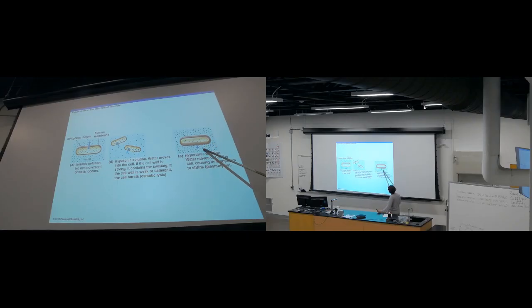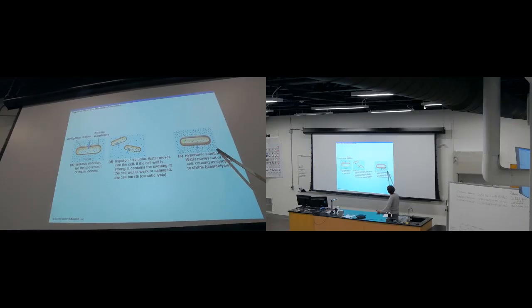In a hypertonic solution, when you have a high concentration of solutes with respect to the cytoplasm, then water will move from low solute concentration to high solute concentration, or from high water content to lower water content, to try to dilute this, and the cells will shrink.